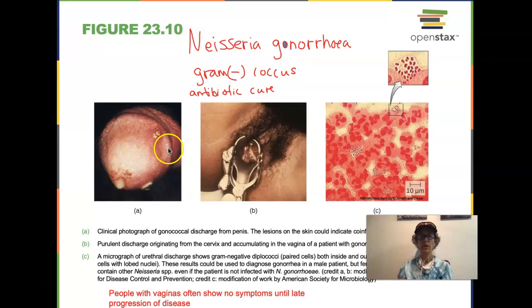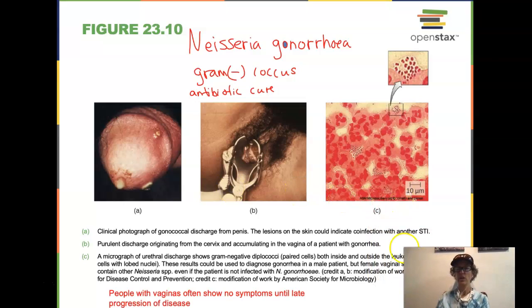So they have both the symptoms on a penis with discharge. The lesions are not associated with gonorrhea, as the words here indicate. It's a co-infection with a different sexually transmitted illness. We'll get to them, but it's probably either herpes or something called a chancroid.